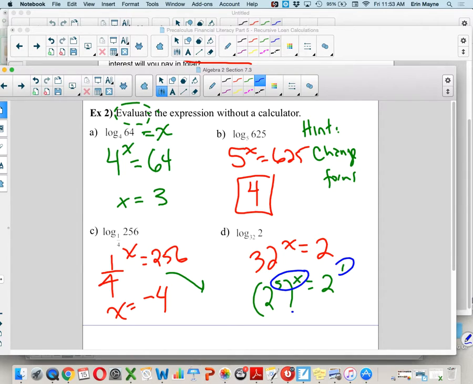So do you agree 32 is 2 to the 5th? Do you agree power to a power, you multiply the powers, right? So that means 2 to the 5x equals 2 to the 1st, right? So therefore, if these are the same, then 5x must be what? 1. So x is 1/5. That's right. Your final answer is 1/5. Which, if you heard Jonah's explanation, is a solid explanation. Okay? Alright. How do we feel?